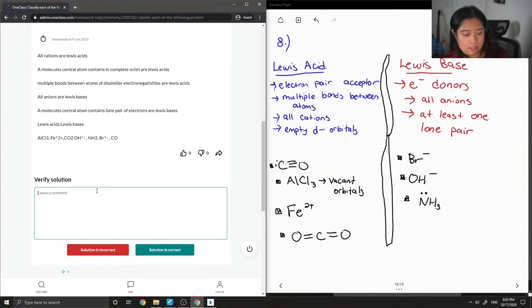I'm just going to say that it's correct, but CO, I think carbon monoxide is going to be one of those molecules that can act as both a Lewis acid and a Lewis base. So I'm just going to say that it's still correct. Can act as both a Lewis acid and Lewis base. Okay, so the solution is correct.